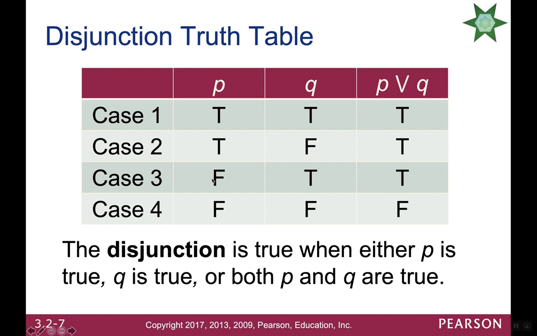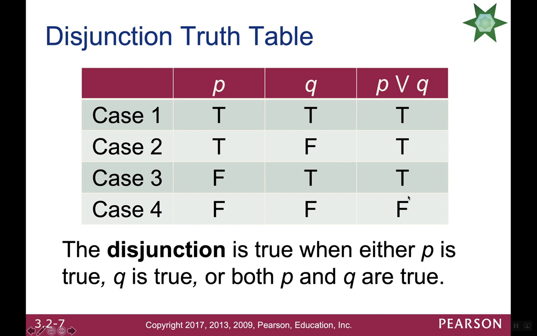Case 3, if Mary has brown hair is false, maybe Mary is a blonde or something to that effect, but Rose does have white hair, then again the disjunction P or Q is true. And finally, if Mary has brown hair is false and Rose has white hair is false, then the whole disjunction is false.